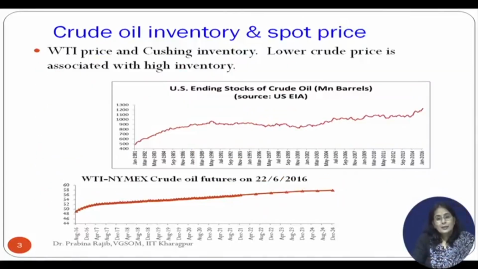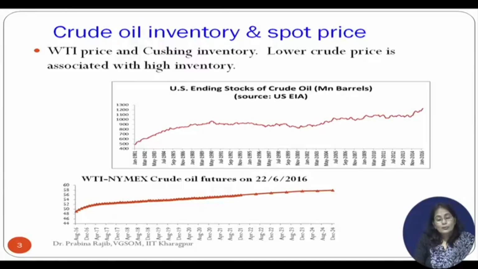I'll start this session by asking a question. Do you think the available inventory has some relationship with the contango and backwardation structure of a commodity? The answer to my question is, as we have already discussed many times, whenever there is an abundant supply of a particular underlying commodity, that commodity tends to exhibit a contango market.